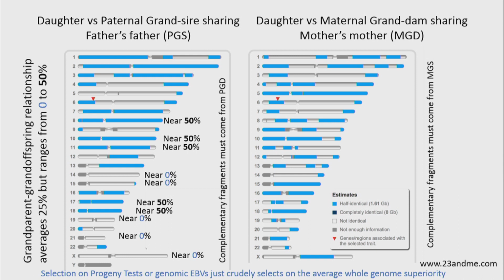But when you go back another generation, say, to the grandparent, grand-offspring, on average we know that relationship is a quarter. But if you look at that chromosome sharing, particularly with my father, some of the chromosomes, my daughter doesn't share anything with my father, and some of those chromosomes, she shares everything with my father.